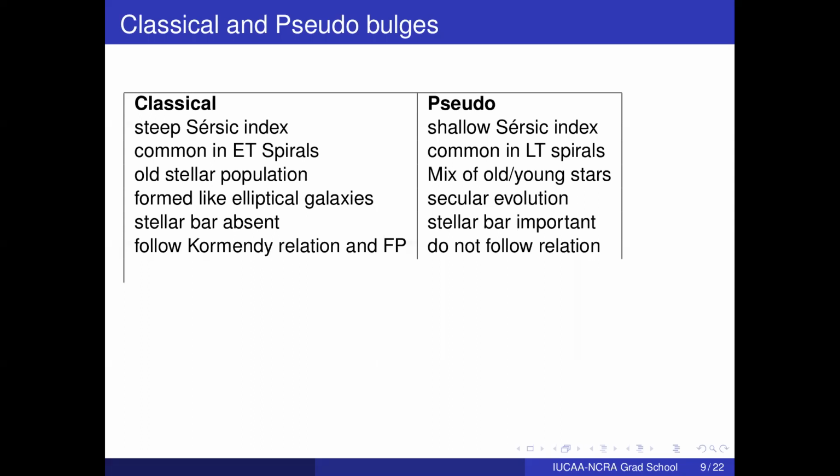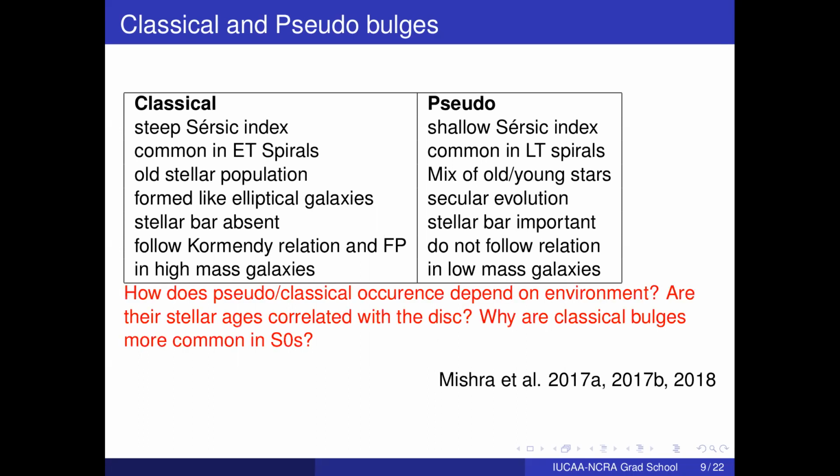Classical bulges are like elliptical galaxies, and therefore they follow the Kormendy relation and the fundamental plane, and pseudobulges do not, because they are not elliptical-like systems. And if you differentiate by mass, then classical bulges are found in high mass galaxies, and pseudobulges are preferentially found in low mass galaxies.